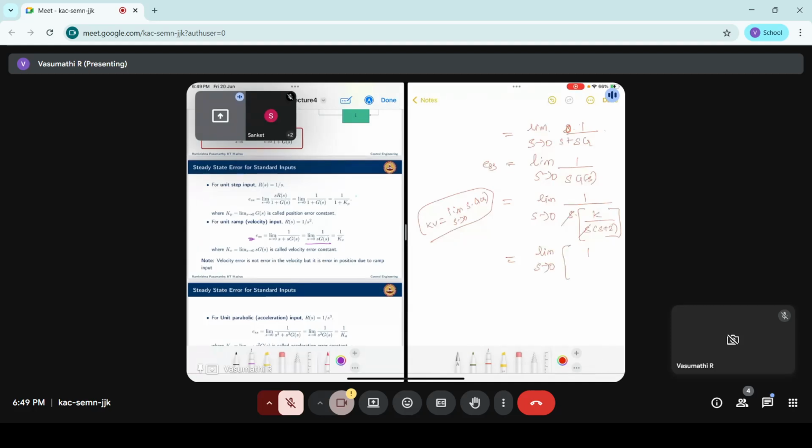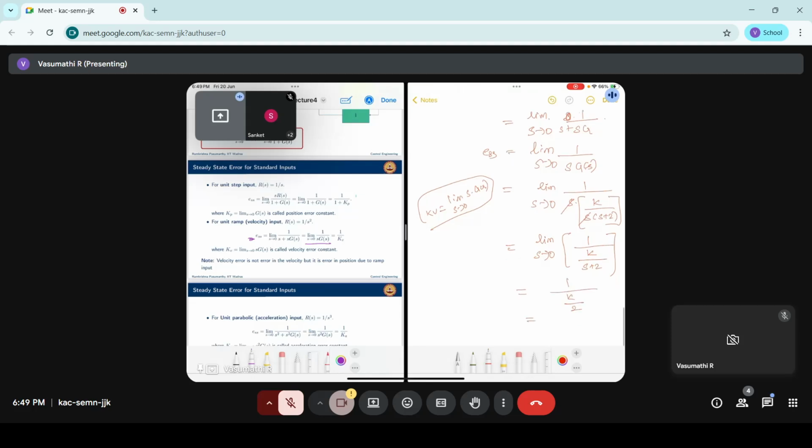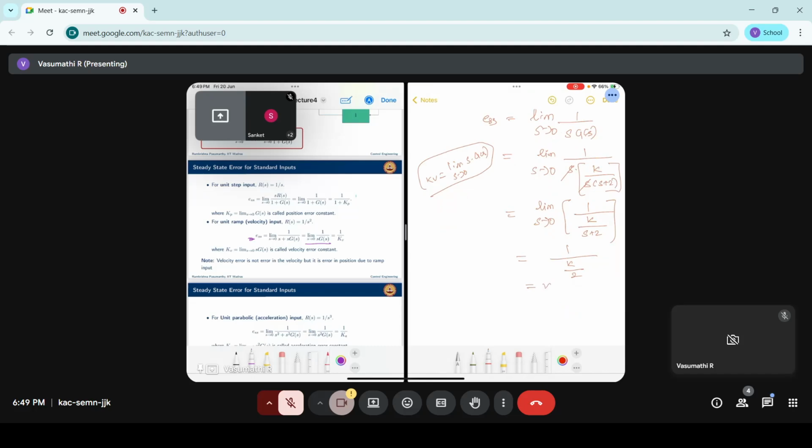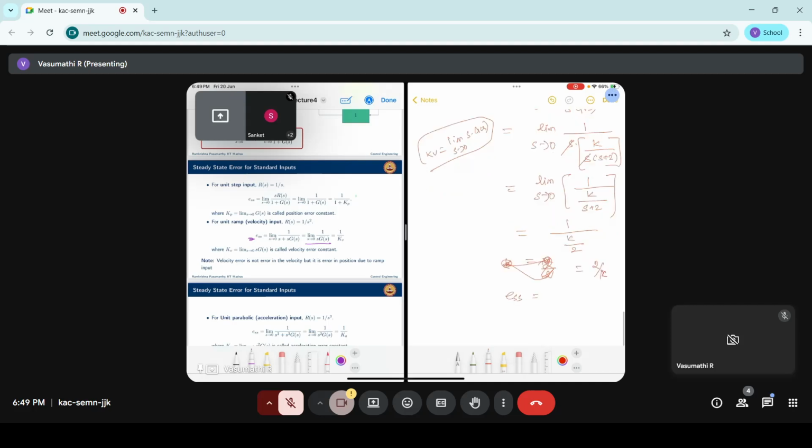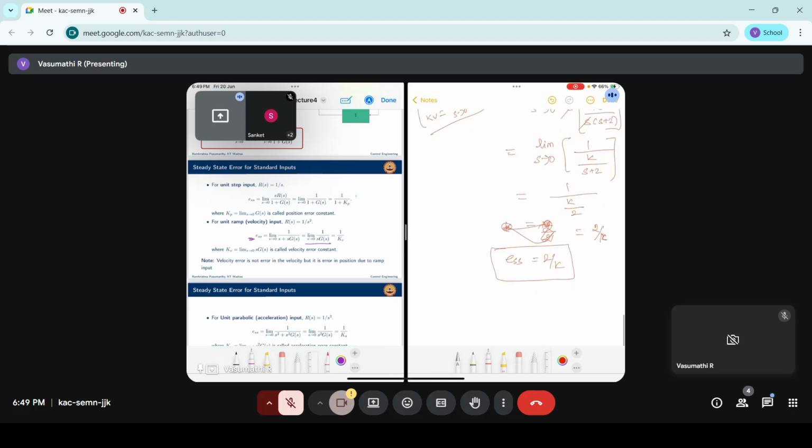Remaining thing s into 1 by K into s plus 2. If I put s equal to 0, it will be 1 by K by 2. This will give you 2 by K. The e of ss will be equal to 2 by K. This is the steady state error we will get, that we know is finite.